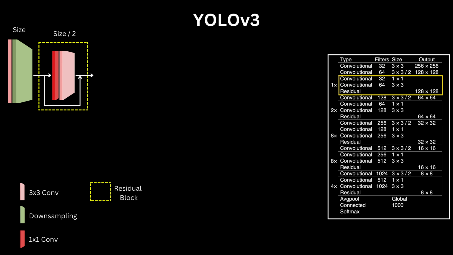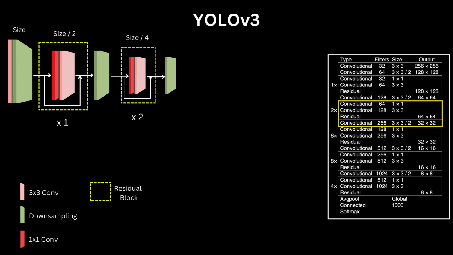This entire residual block will be repeated n times, where n will have different values for different stages of network. For the first block, n equals 1. And this residual block will operate at spatial dimension of size by 2. Then we have another downsampling layer, and now we'll simply repeat this residual block plus downsampling layer with different values of n. For the next stage of network, we have n equals 2, and the spatial dimension of feature map is size by 4.